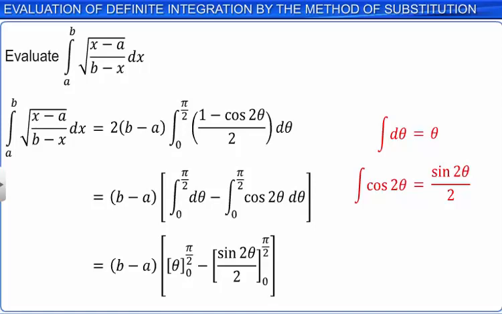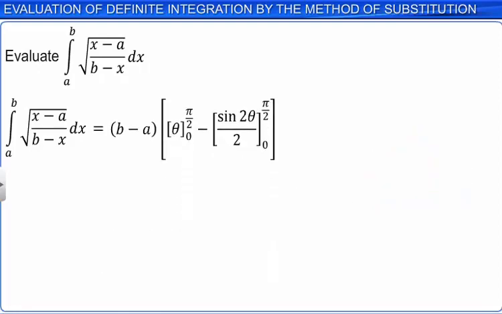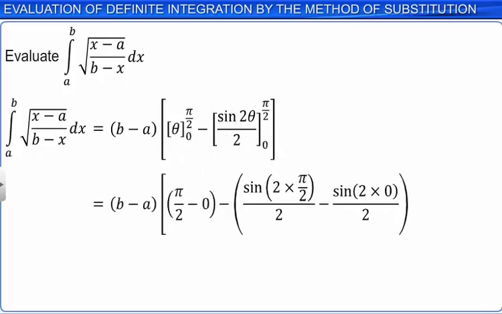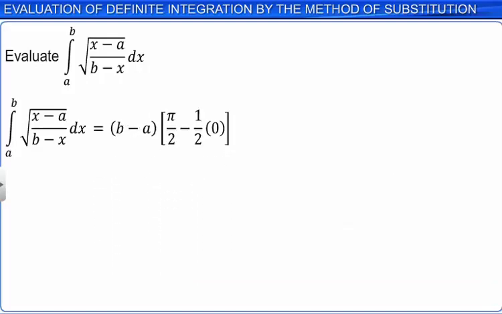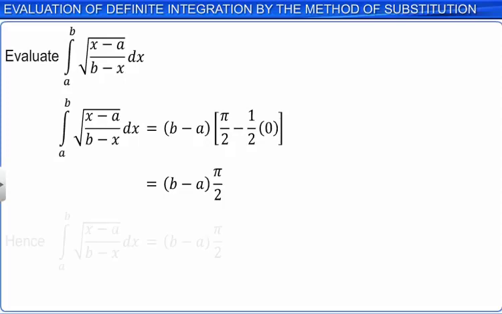Now, on applying the limits and simplifying, we get (b minus a) times pi by 2. Hence, the integral of square root of (x minus a) divided by (b minus x) dx from a to b is equal to (b minus a) times pi by 2.